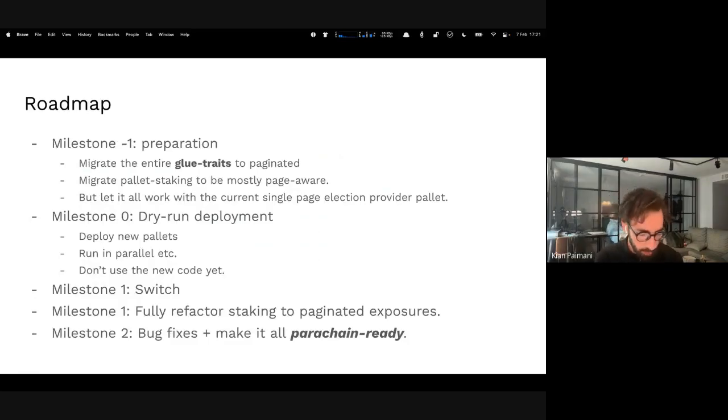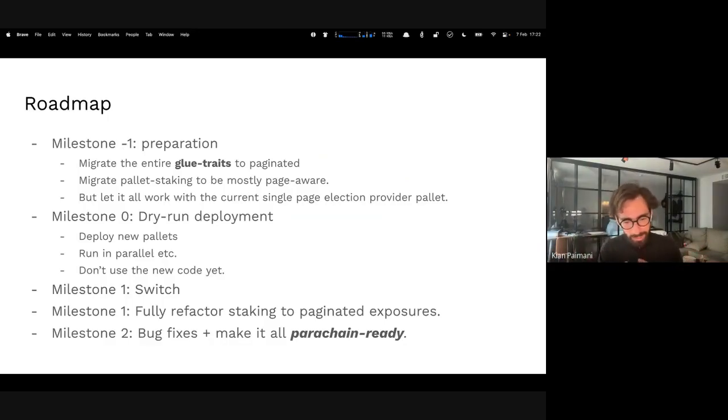So as I said, my hope with this talk was to make more people aware of the current state of affairs and what's coming. So hopefully more people can review it, because that's historically been a huge bottleneck. I think the next step, which I called milestone -1, because it's not actually doing anything, is that I want to migrate all of the code to be multi-page capable, but actually do everything in one page.